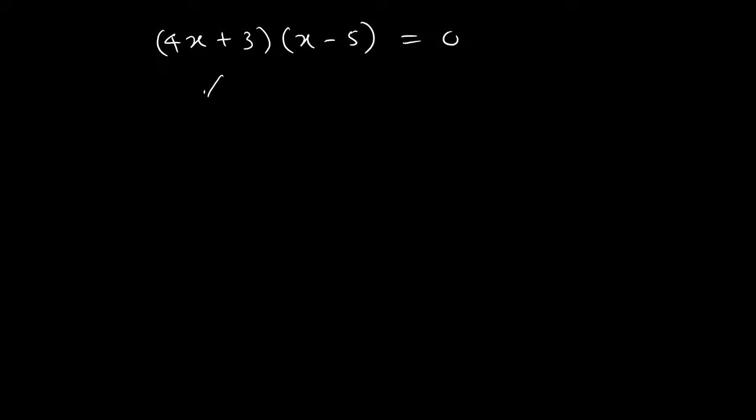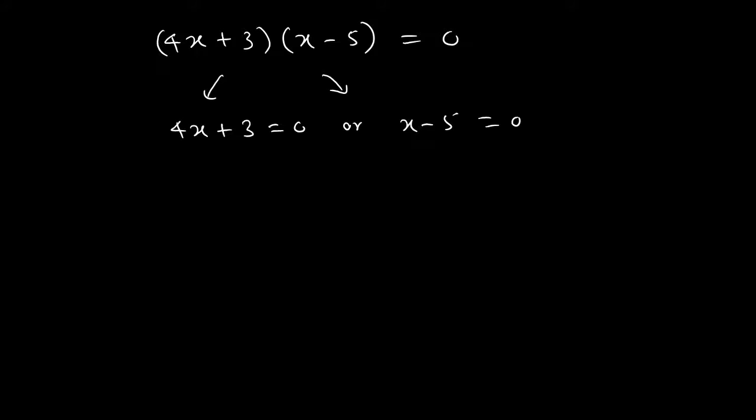We set them equal to 0. So we have 4x plus 3 equal to 0, or x minus 5 equal to 0. The reason is, when you have two factors whose product is 0, the only possibility is that at least one of them has to be 0. So that's why we set each of them equal to 0.